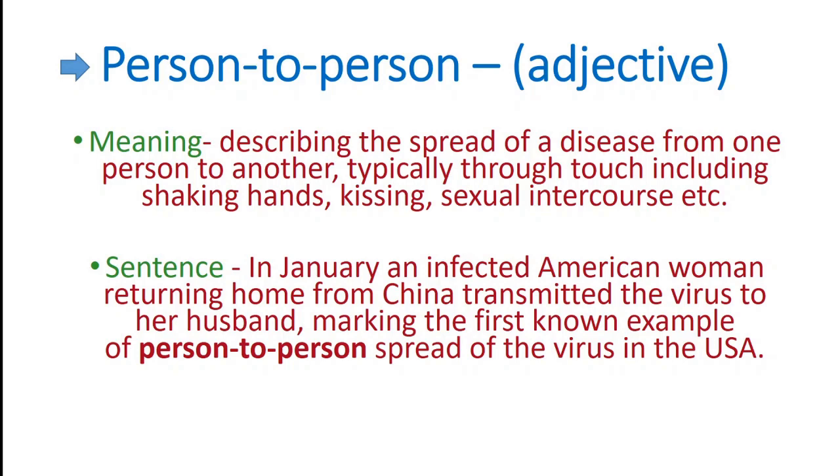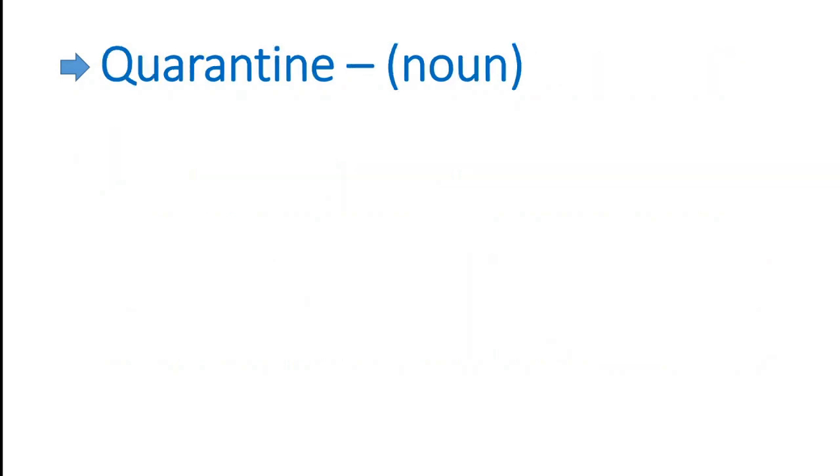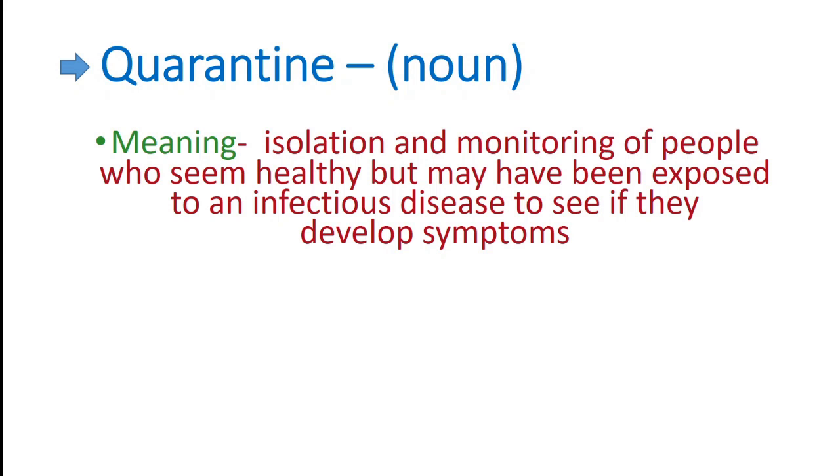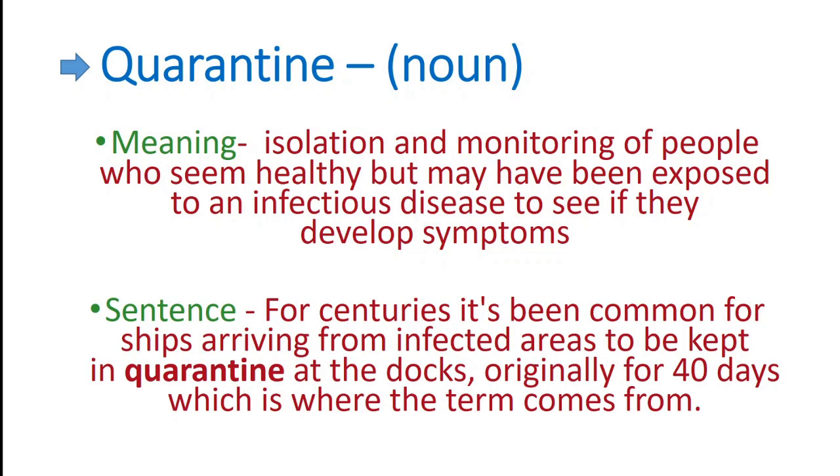Quarantine. Noun. Meaning isolation and monitoring of people who seem healthy but may have been exposed to an infectious disease to see if they develop symptoms. Sentence. For centuries, it's been common for ships arriving from infected areas to be kept in quarantine at the docks, originally for 40 days, which is where the term comes from.